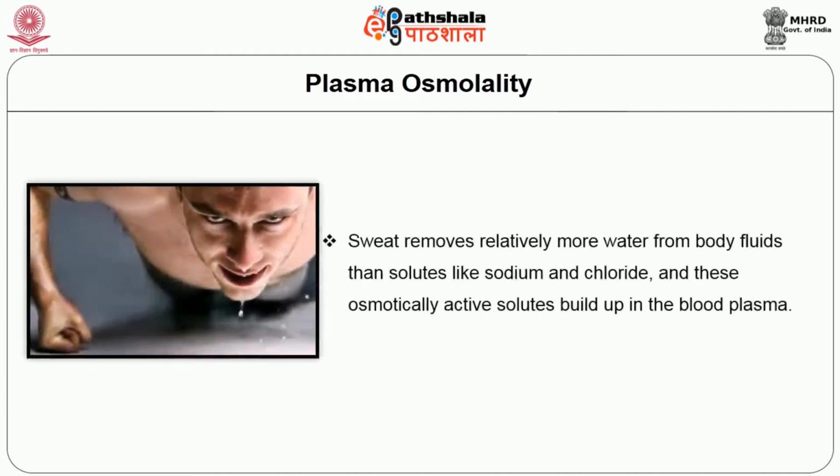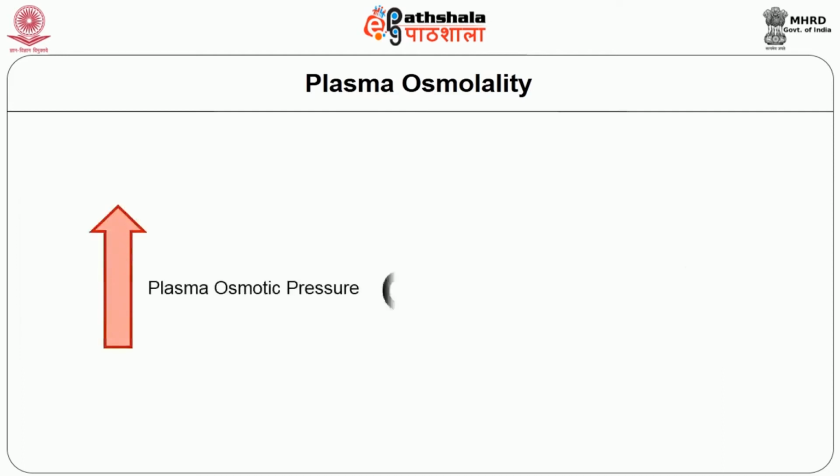In other words, sweat removes relatively more water from body fluids than solutes like sodium and chloride, and these osmotically active solutes build up in the blood plasma. The increase in plasma osmotic pressure is proportional to the decrease in total body water.